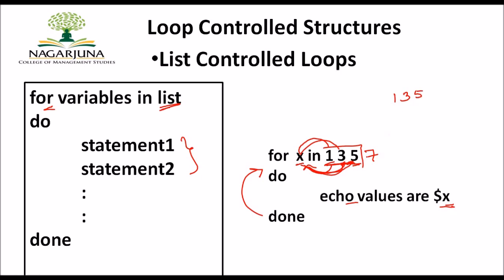And if you would like to print some more elements like 7, 9, 11, whichever elements you would like to work on, just list those values in the for loop, so that the x value will be substituted with those list values, and based on this list the set of statements within the block will be executed. So this is the for loop.